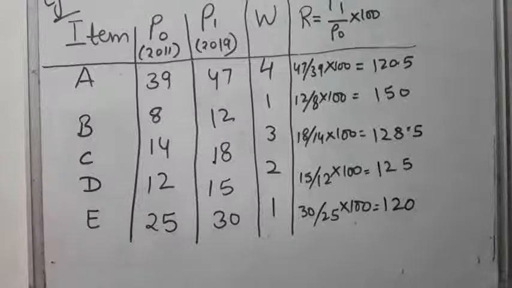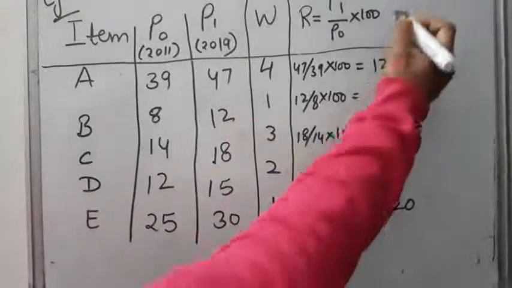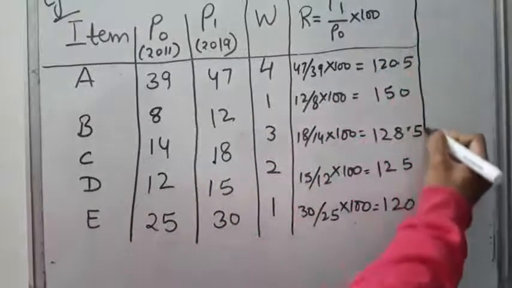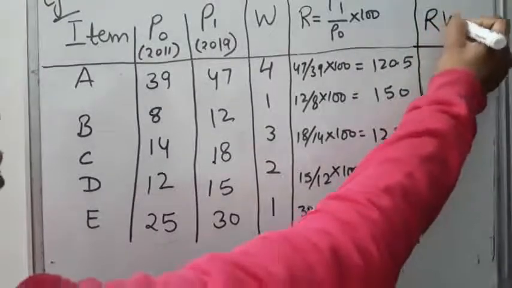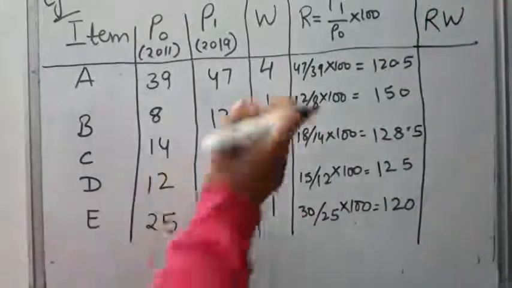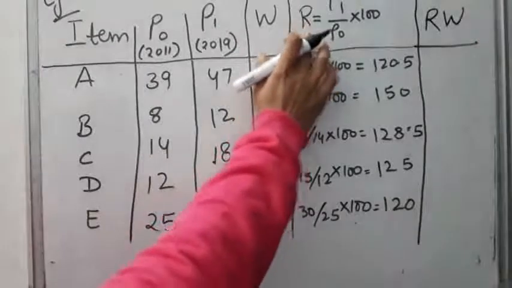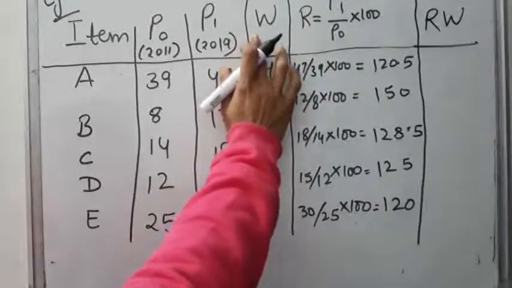Now in the next column we will multiply the relative price by the weight. So we will get RW, we multiply both. R we have got from this, and W weights are given.